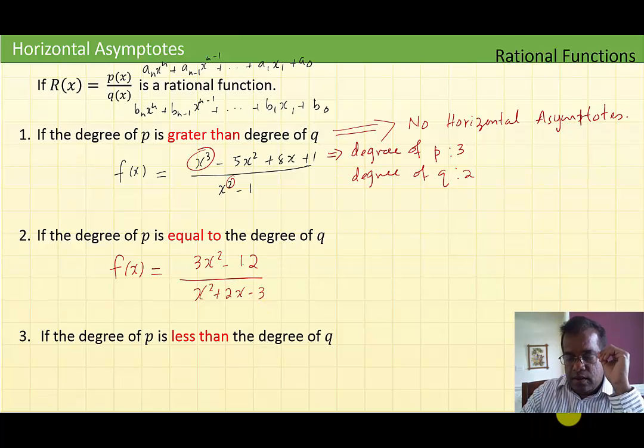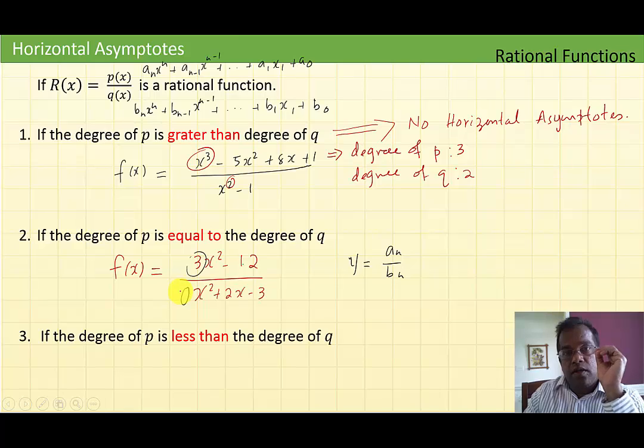We can see the degree of p is 2 and the degree of q is also 2, and then y equal to a_n over b_n, the leading coefficient over the leading coefficient, is going to be the horizontal asymptote.